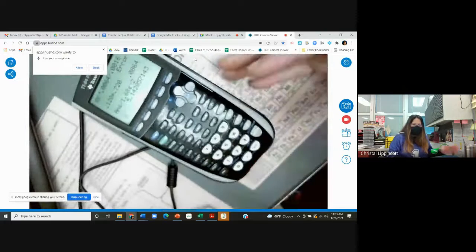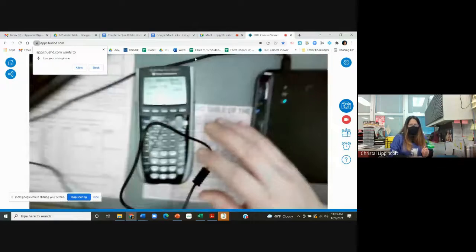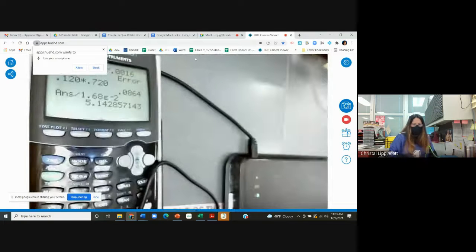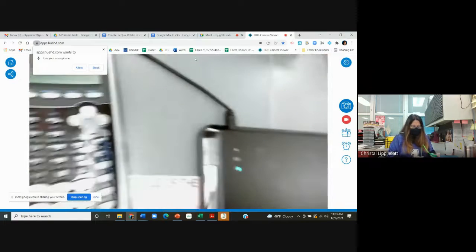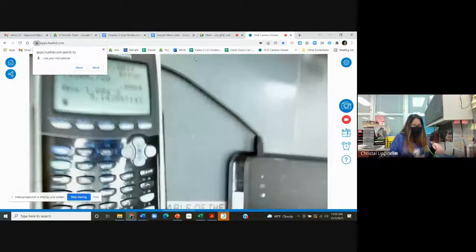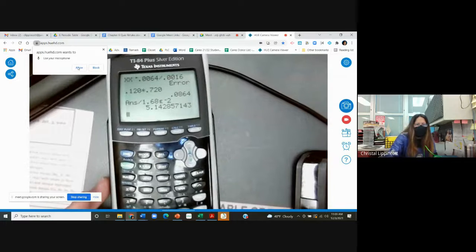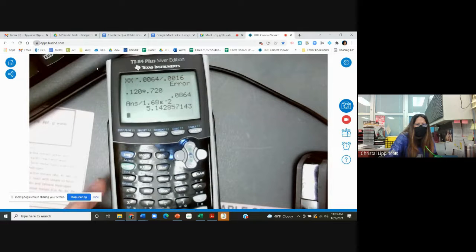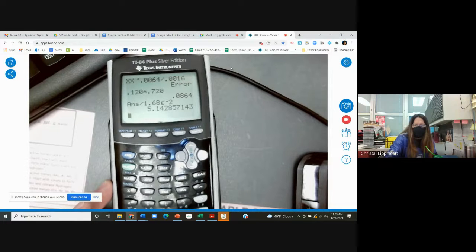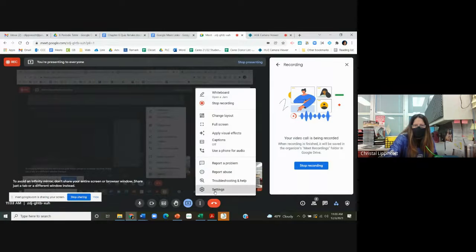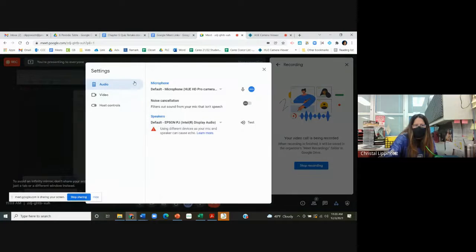How do I turn this the right way? Are y'all drunk yet from me moving this thing around? Hopefully it's still getting my microphone from settings, audio.